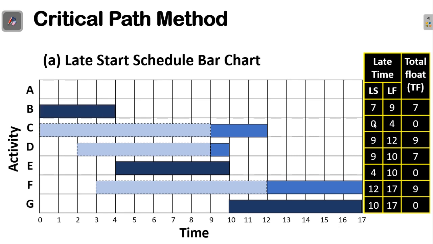This one is a critical activity, so it has no float. So activity A, which is the last one, has a late finish on the 9th day and late start on the 7th day. So we have that, and it has a float of 7 days.